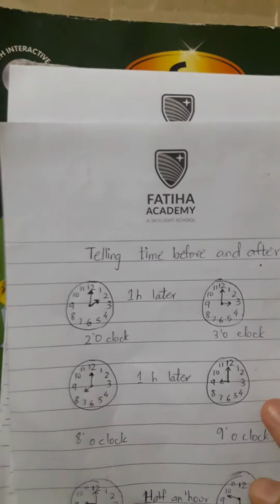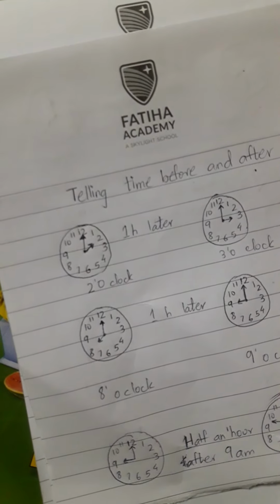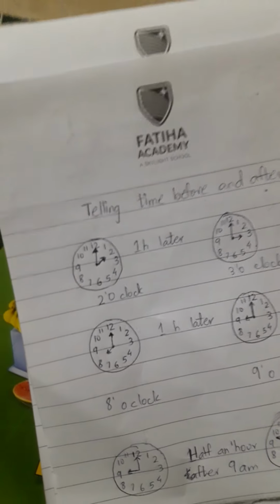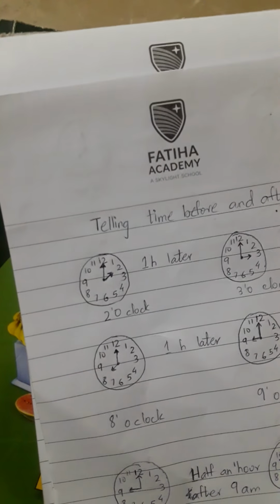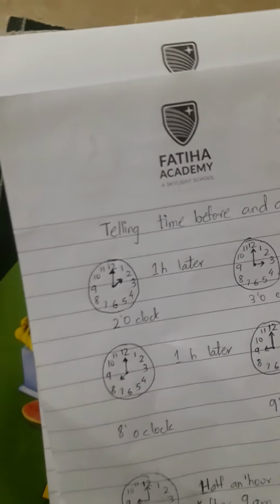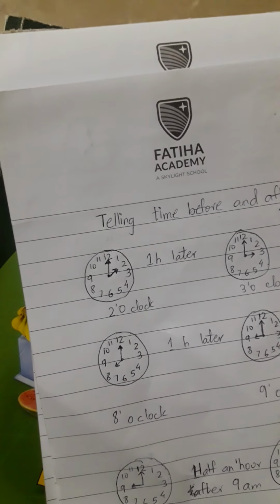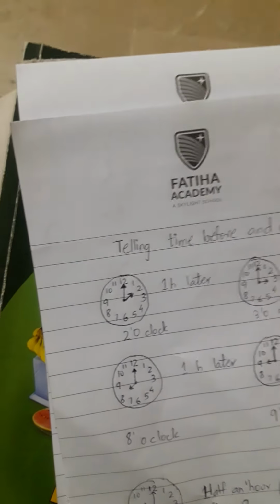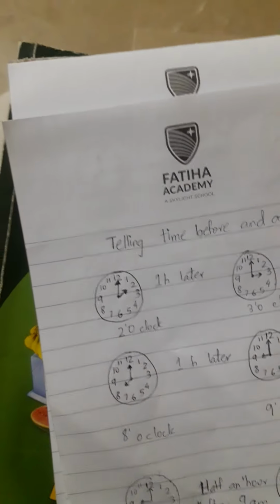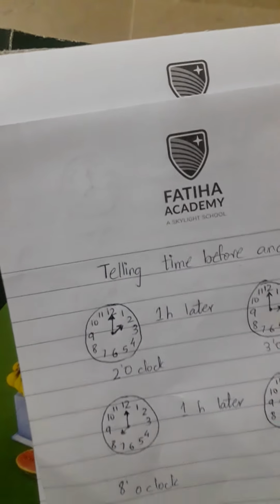First of all, we will be discussing the term later, and how we can tell the time if I ask you what will be the time later, after 1 hour. So you will be able to tell the time in that way.